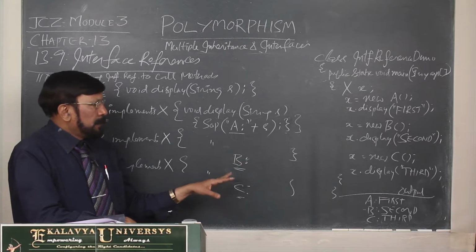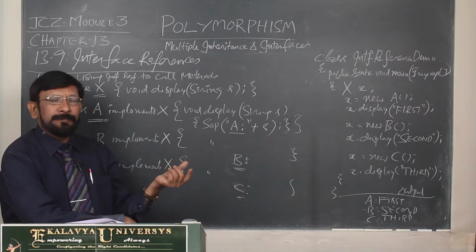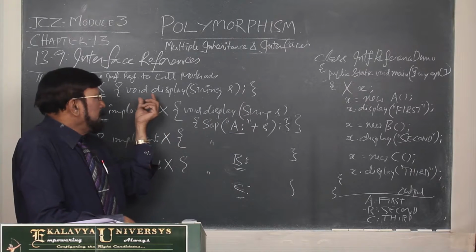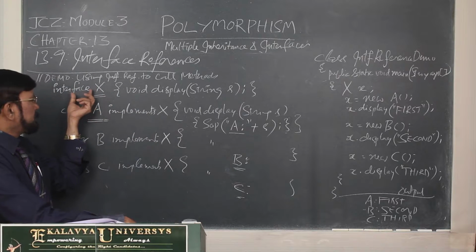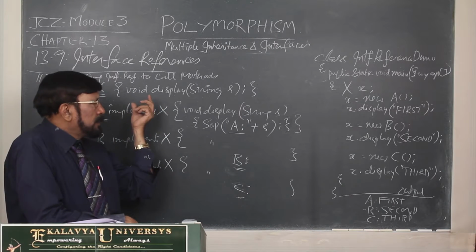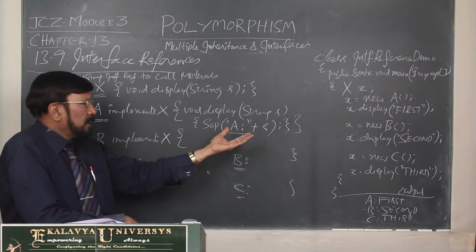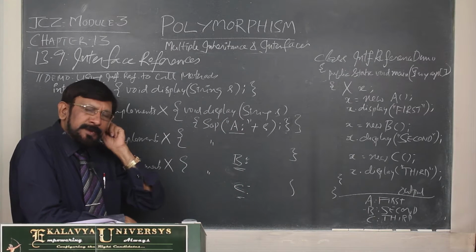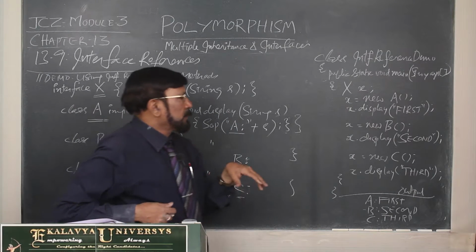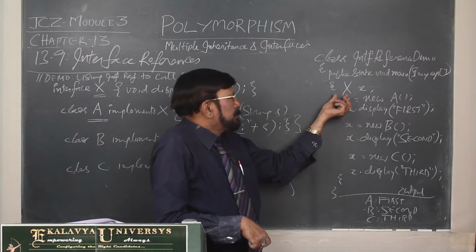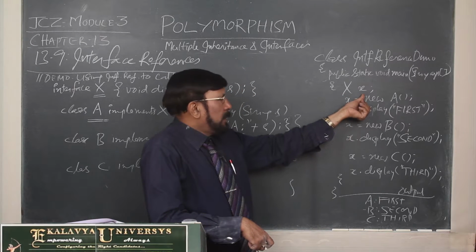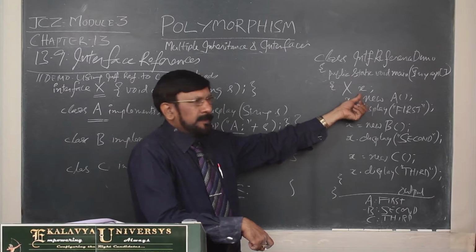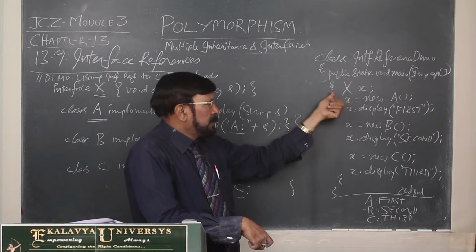Now, by this I want to prove one thing. By using an interface reference, we can call the methods of the implementing classes, that I want to show you. Here you see, I have declared an X reference, a reference variable of interface type.